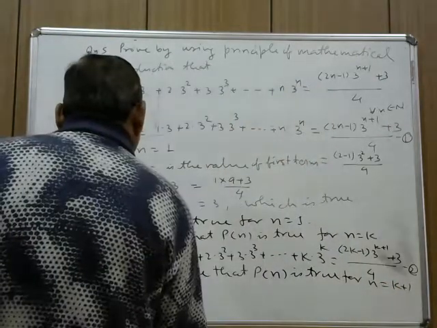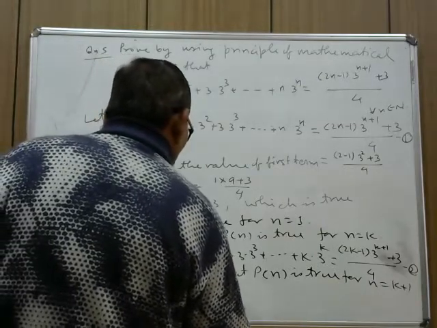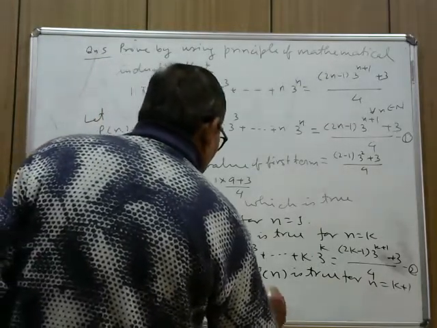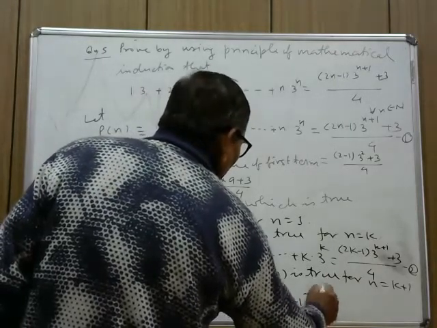So you can write P of k plus 1 equal to Pk plus the (k plus 1)th term. This is third.